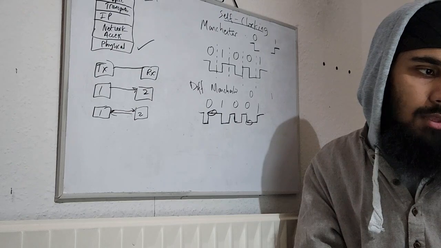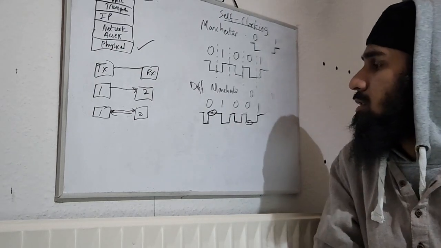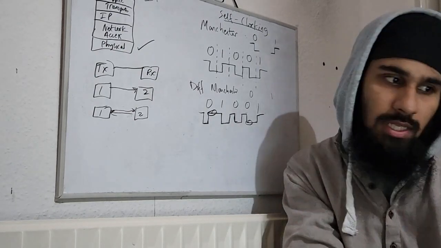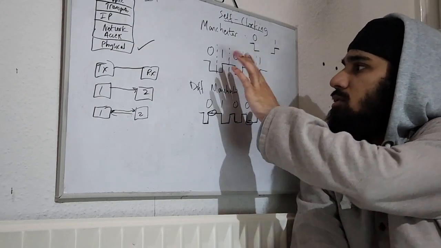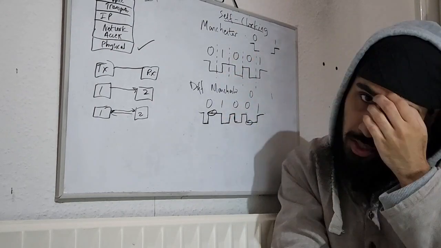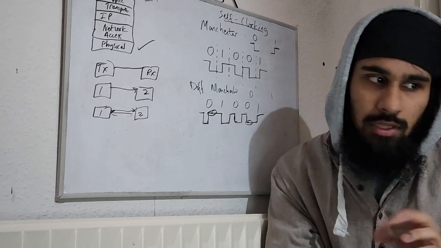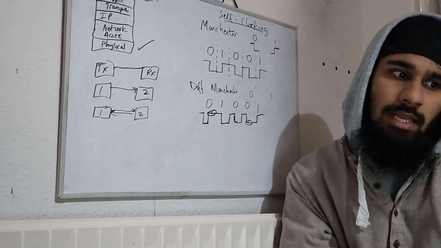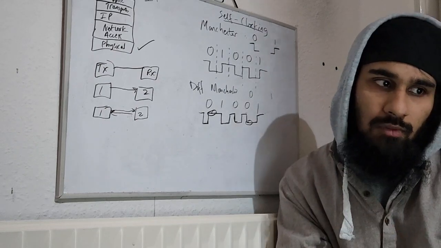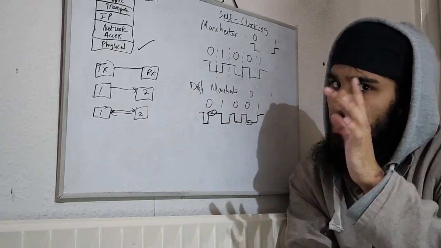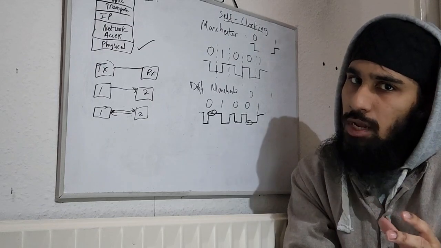Okay, so there are disadvantages to this. The first one is that you see how it keeps on swapping in the middle, and even at the half interval it's swapping. So you'll need double the bandwidth for that, because it's changing very quickly.